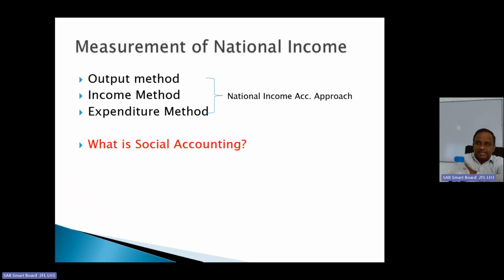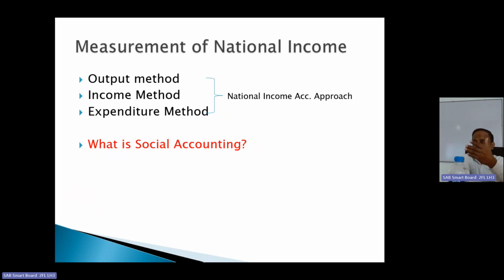That is the income method, based on factor income. So if we add all the income received by households in different forms, that will count as the national income according to the income method.